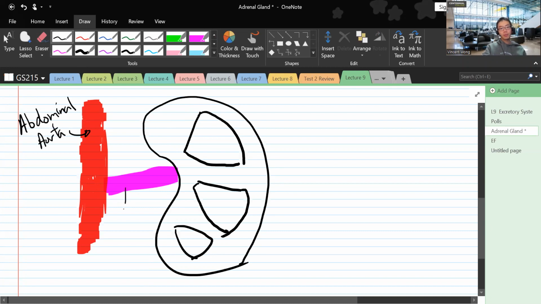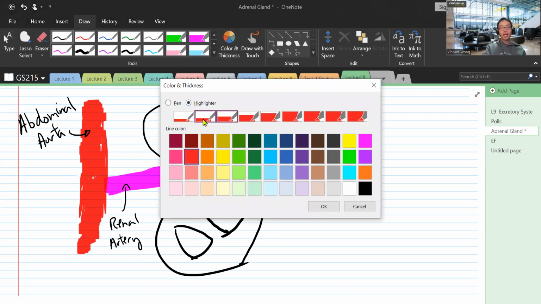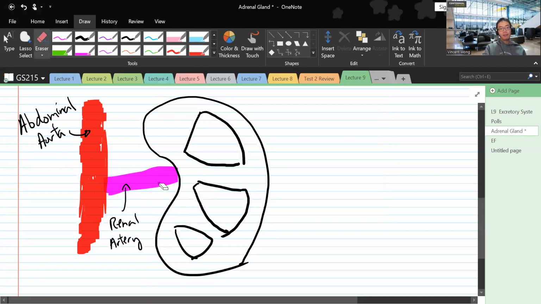Then it will branch into the renal artery. One goes into each kidney, one on each side. I'll switch color every time they change name. After the renal artery enters the hilum, H-I-L-U-M, the hilum of the kidney, they will branch into smaller ones.